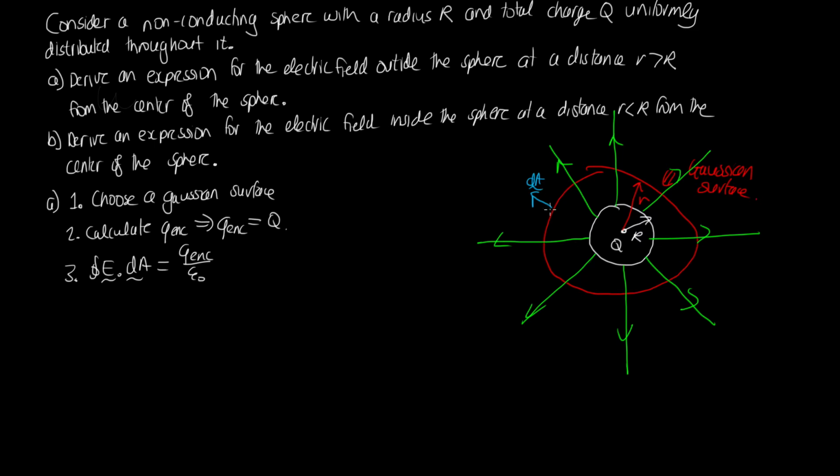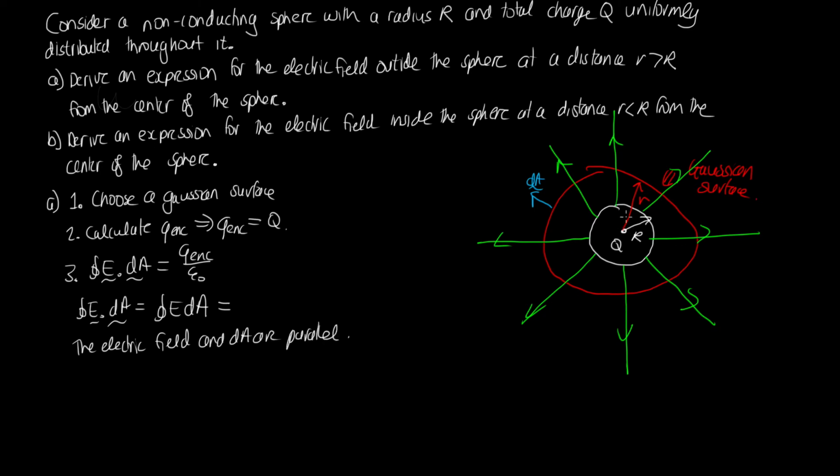So you can see that dA for the Gaussian surface and the electric field are parallel to each other. Because they're parallel, we can write E dot dA is equal to E dA. So the electric field and dA are parallel.